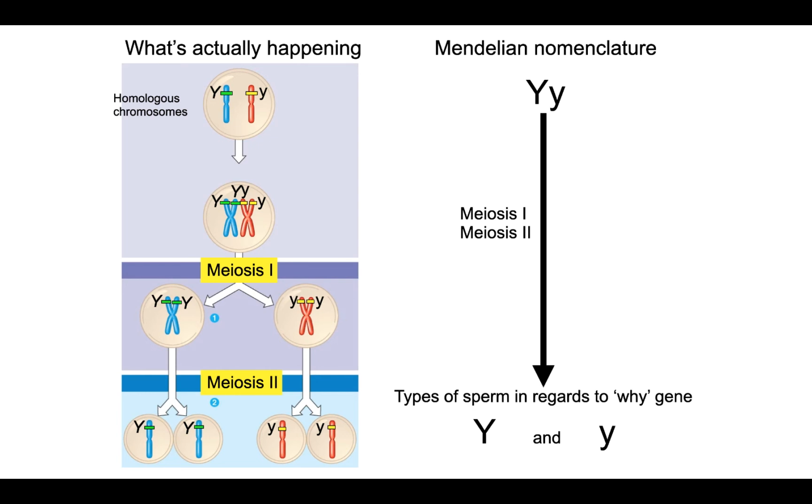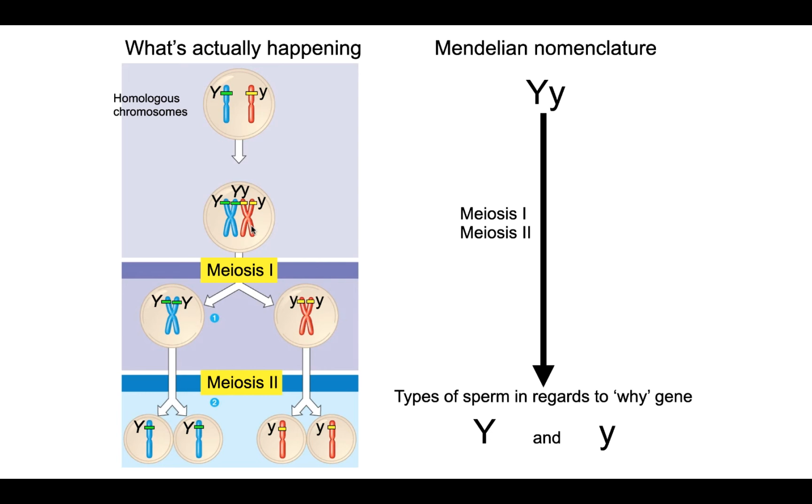That is segregation. So let's remind ourselves. If we have homologous chromosomes and we're going to go through meiosis, they're eventually going to duplicate, so now we're made up of sister chromatids. Then in metaphase 1 of meiosis, the homologous chromosomes are going to pair along the metaphase plate.